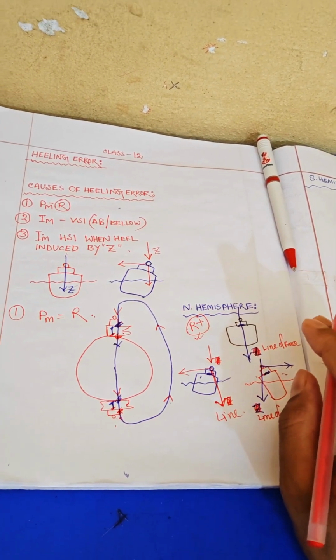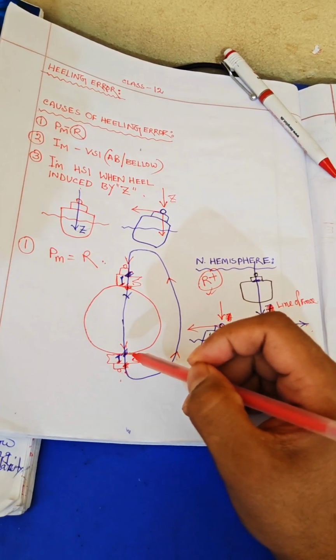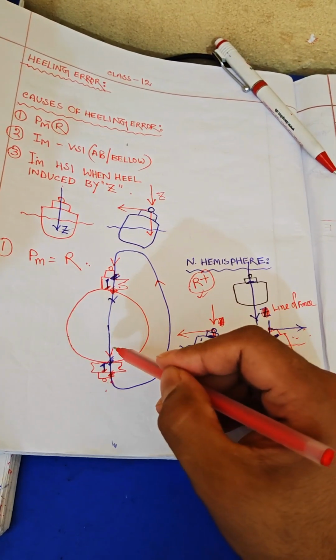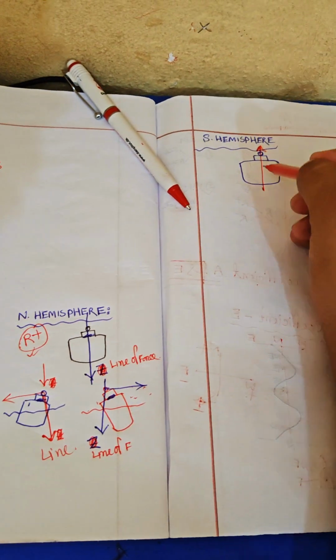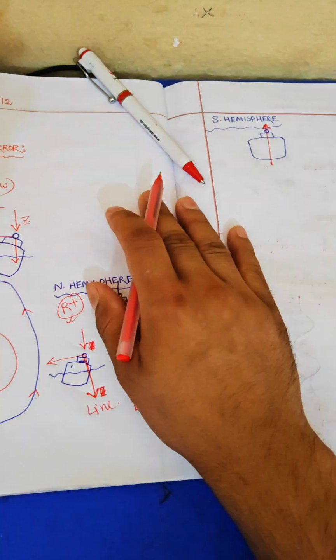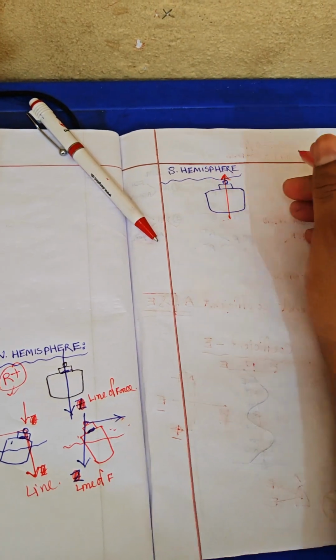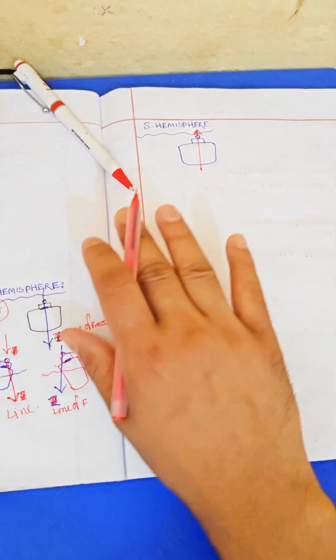Okay, guys. And you know that the other vessel is in the southern hemisphere, and the line of force passes in from the keel and out from the deck. Okay, this is clear. So since this is in the upright condition, there will be no effect, there will be no deviation, guys.